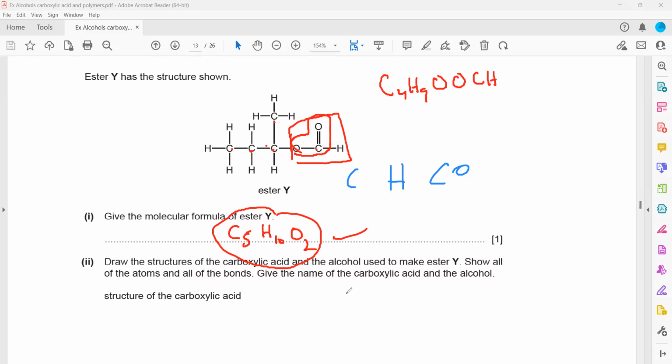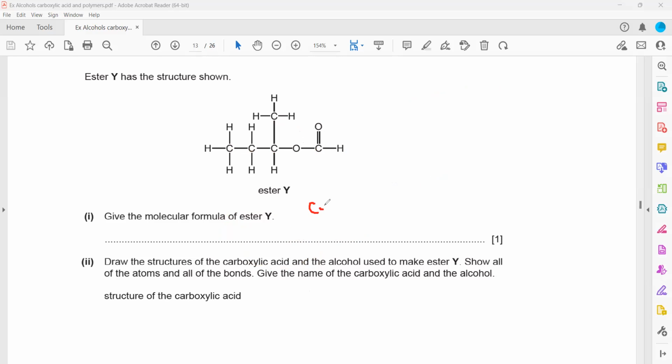But whenever such a question is there, the simple way to write a molecular formula is to just count the number of atoms and write accordingly. For our convenience, we divide this into parts to show how many carbons there are and what it should look like, so we can recognize whether it is an alcohol, carboxylic acid, or an ester.